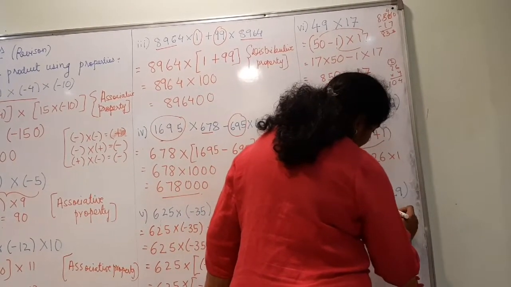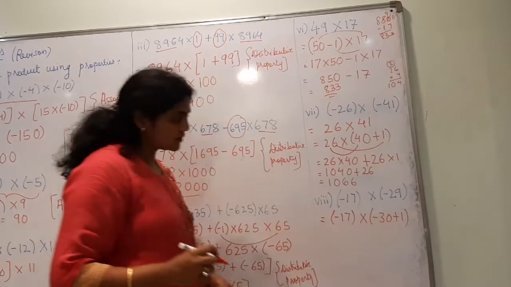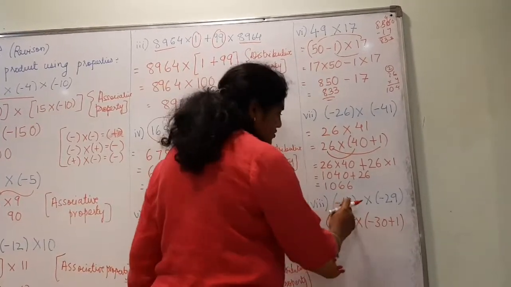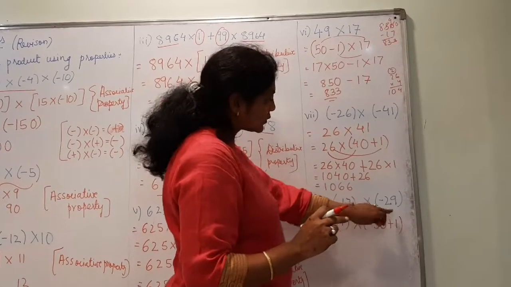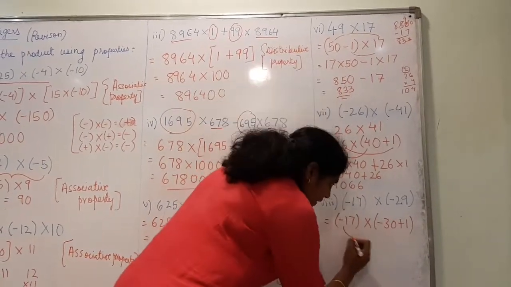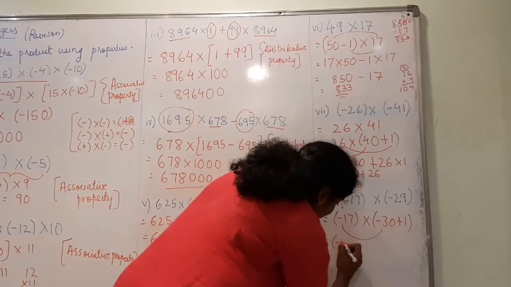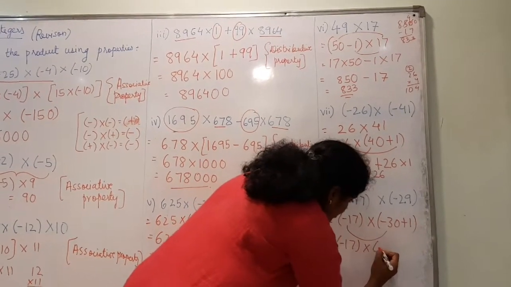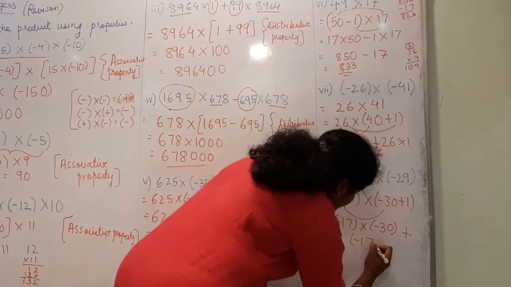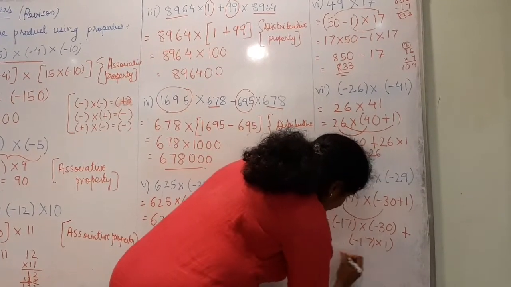So minus 30 plus 1. If you want to remove the sign, you can do it like this also: 17 into 29. 29 you can split as 30 minus 1. Same answer. So minus 17 into minus 30 plus minus 17 into 1.